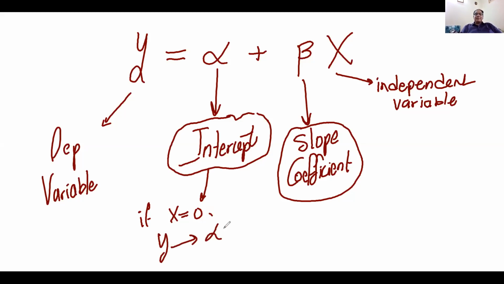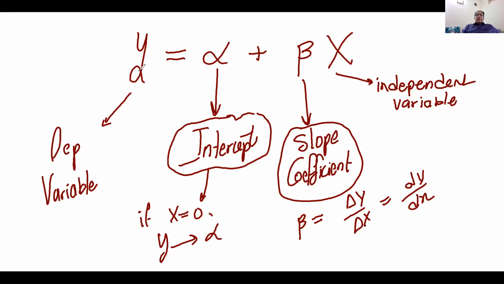Intercept can be defined as that value of y when x is 0. Similarly, the slope coefficient beta we define as the change in y upon the change in x, also known as dy upon dx, the rate of change of y with respect to x. This is the basic definition of each.